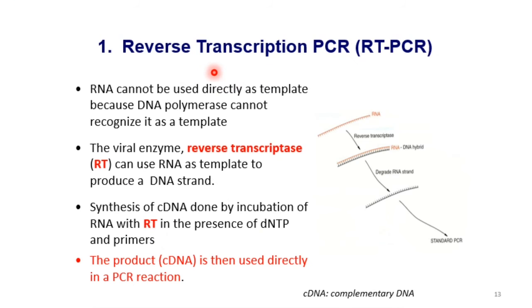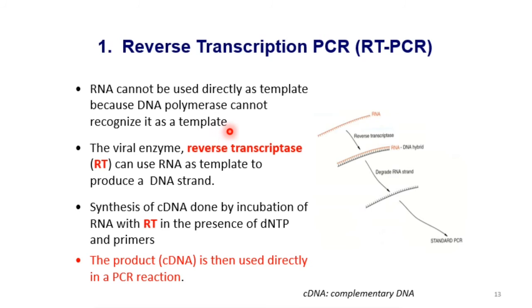The first one is reverse transcription PCR or RT-PCR. RNA cannot be used directly as a template for the PCR. In other words, PCR cannot be performed on RNA because the DNA polymerase or Taq polymerase cannot recognize RNA as a template.